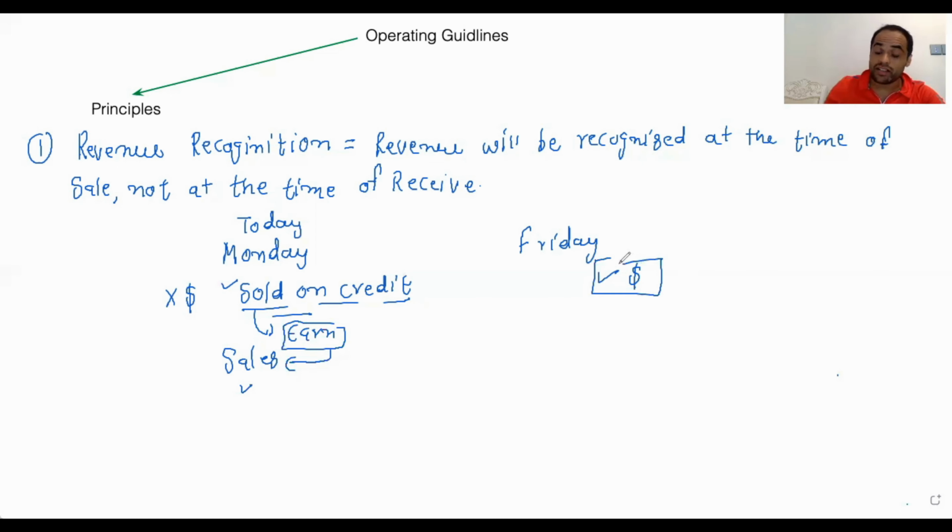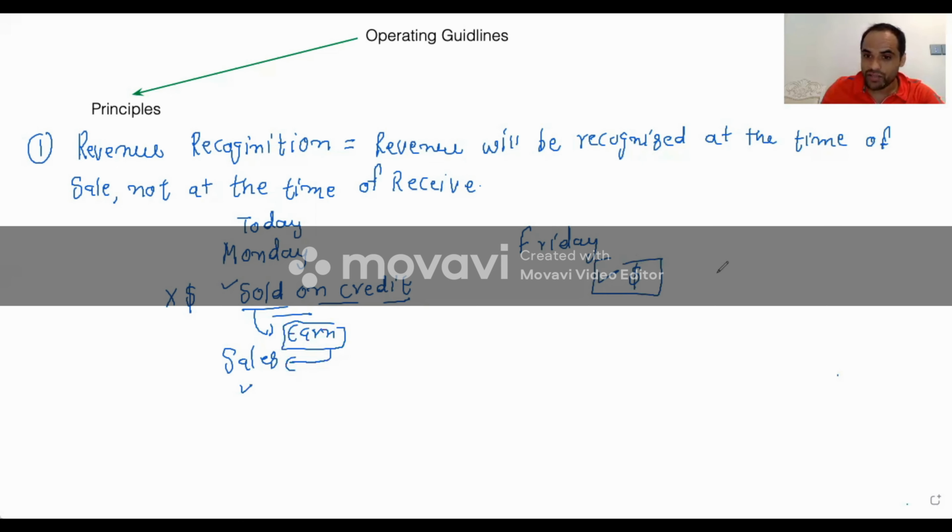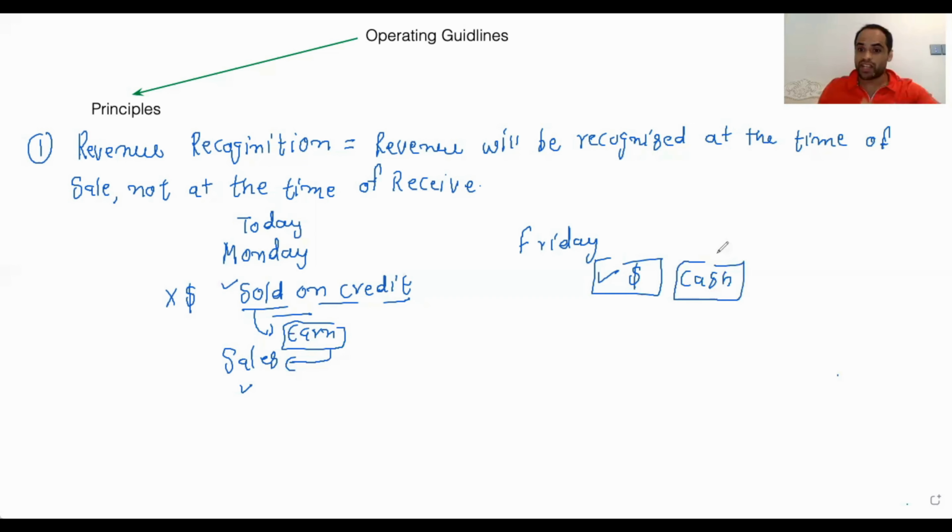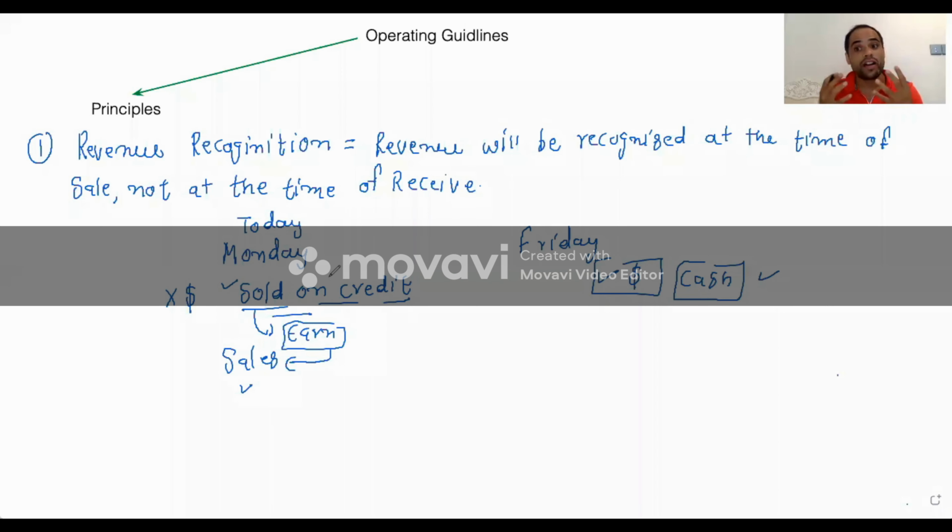But of course, the time I receive cash, it becomes my asset, because cash is your asset. If you go back to your current assets, you will see that cash is your current asset. My cash is affected, obviously, but today my cash is not affected. So it doesn't mean that I will not call it income. Yes, I will call it income. I will call it revenue.